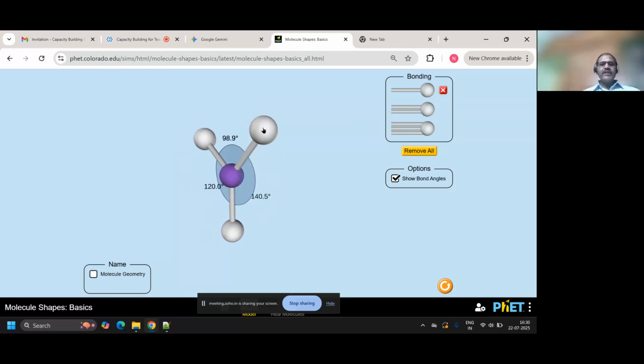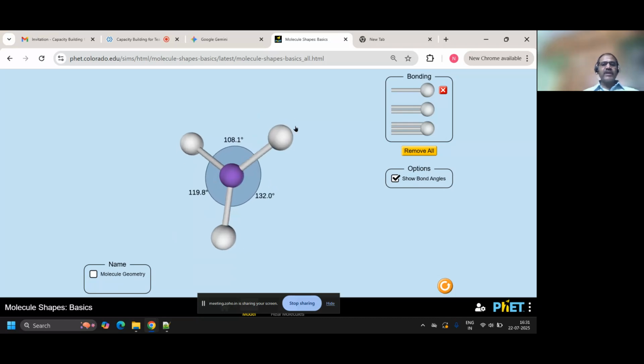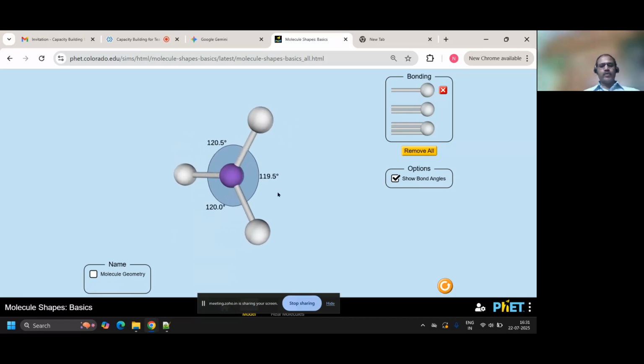You can easily do this. It is like you are creating your own molecule with a single bond or double bond. This is like children playing with building blocks, right? There are a number of building blocks. You try to build it and then finally show.